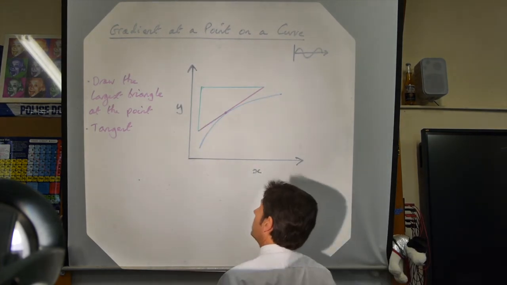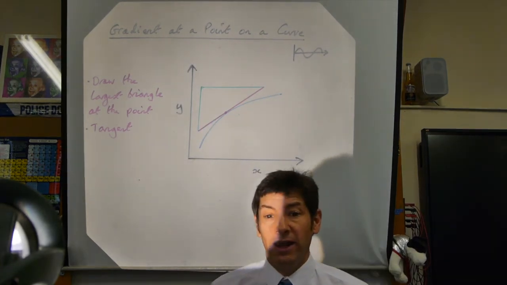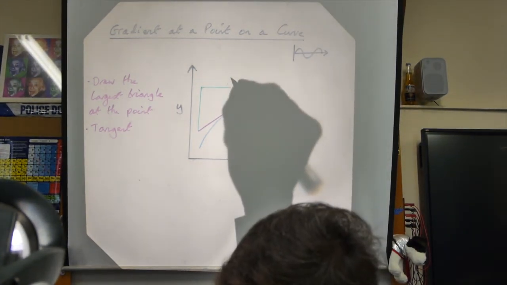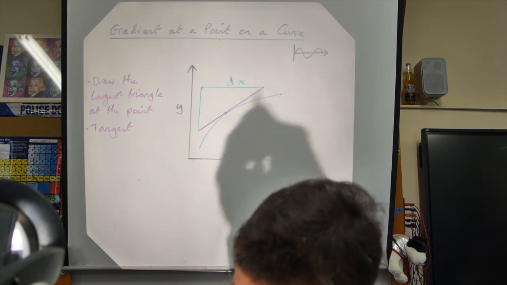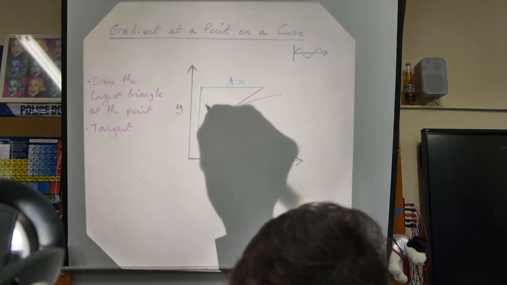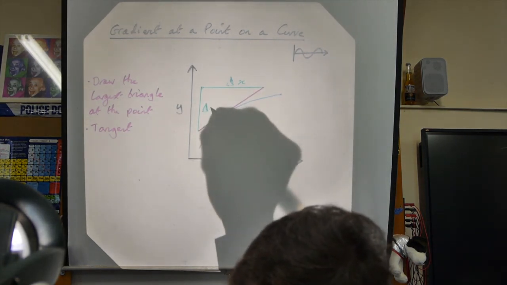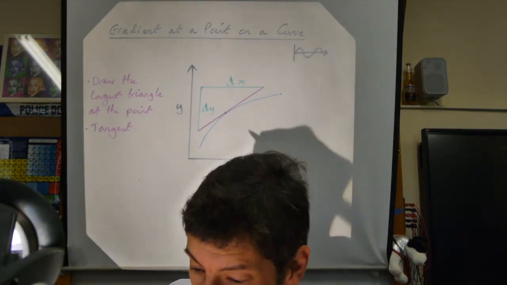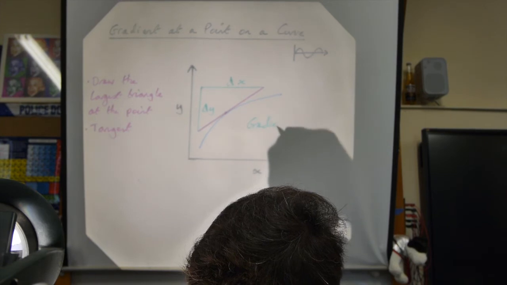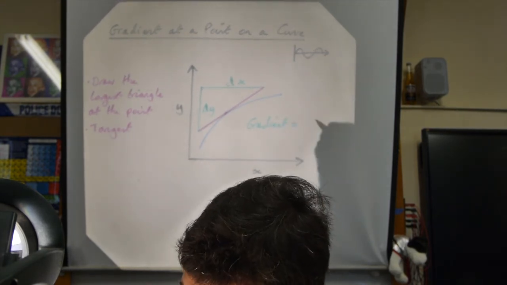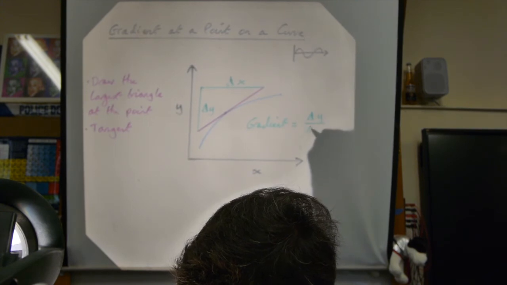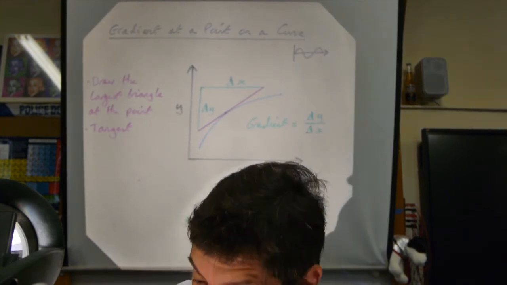Don't do little tiny triangles that will have lots of error in them. And then you can see that this length here is the change in the x value, and this length here is the change in the y value at that point. So the gradient at that single point will be the change in y over the change in x.